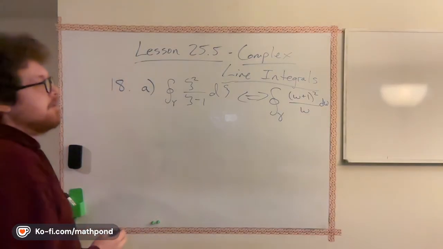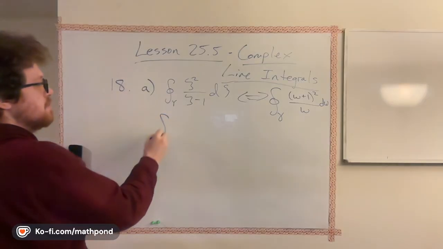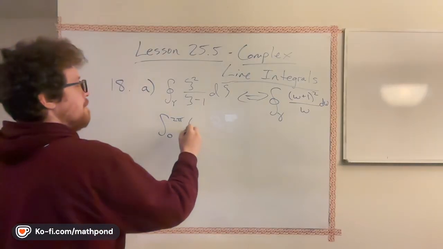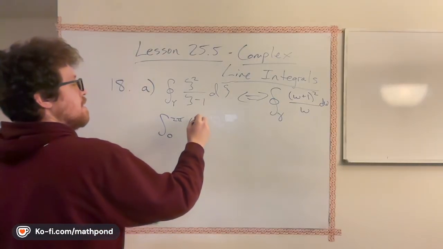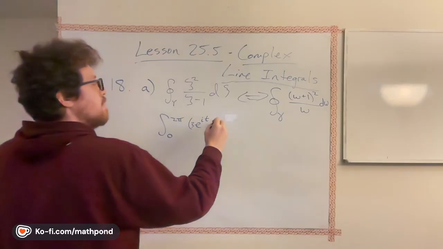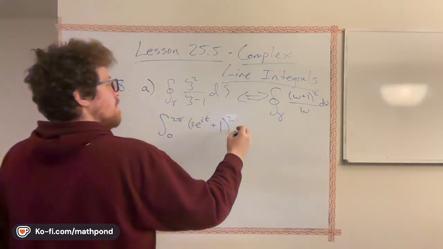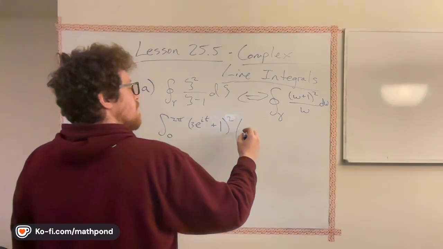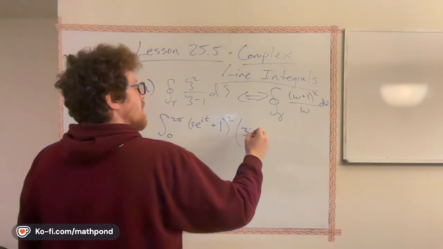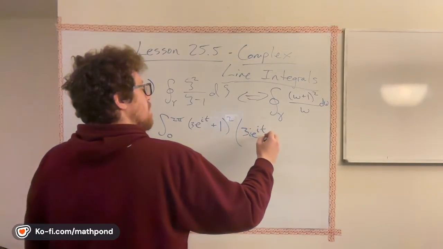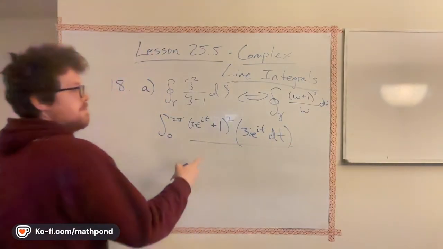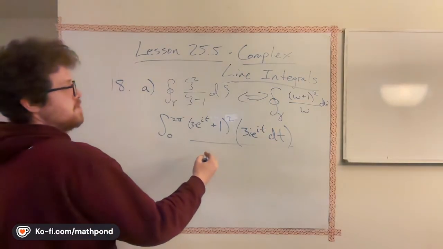And then this new integral will be an integral from 0 to 2 pi of 3 e to the I t plus 1 squared times 3 e to the I times I e to the it dt, which is the derivative. And then the bottom is just w.